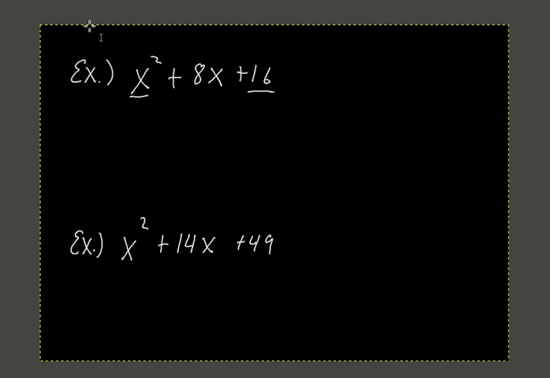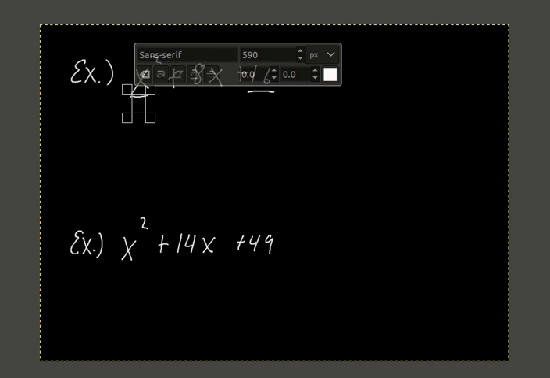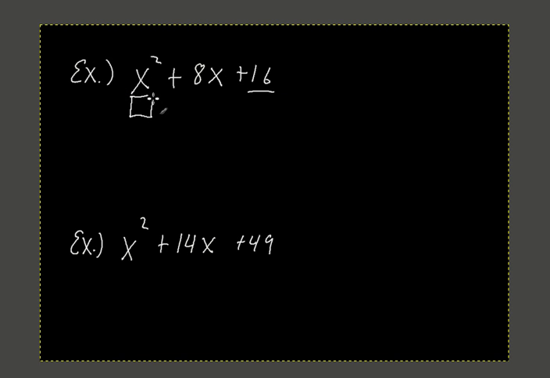Let's look at some examples. So here I have x squared plus 8x plus 16. Okay, well, the first thing to notice is that x squared is a perfect square, and 16 is a perfect square. x squared is the perfect square of x, and 16 is the perfect square of 4.